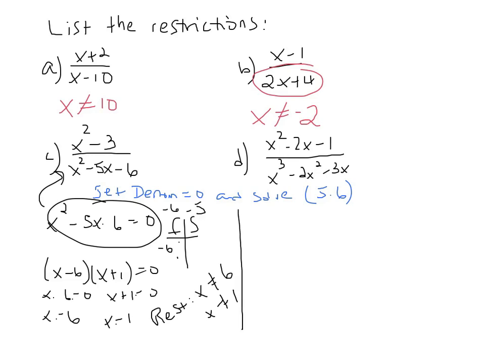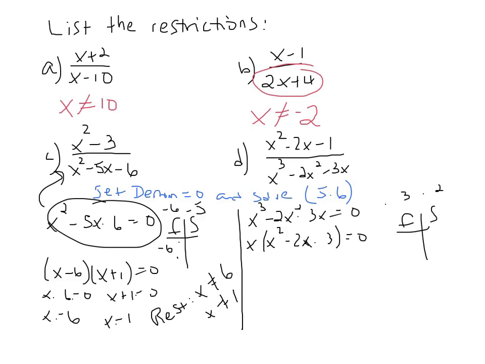In this next one, we'll set the denominator equal to 0 and solve, but look, we have a GCF that we need to take out first. Little factor sum chart here. The numbers are -3 and 1. Remember, we don't need to use grouping and rewrite the middle term because the leading coefficient is 1.